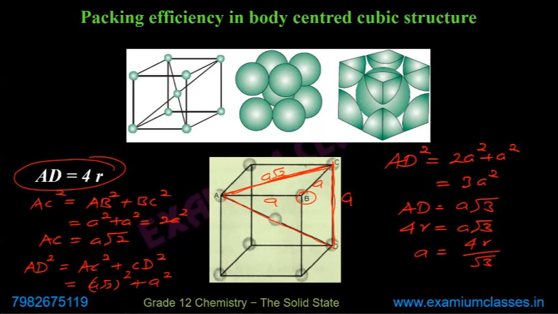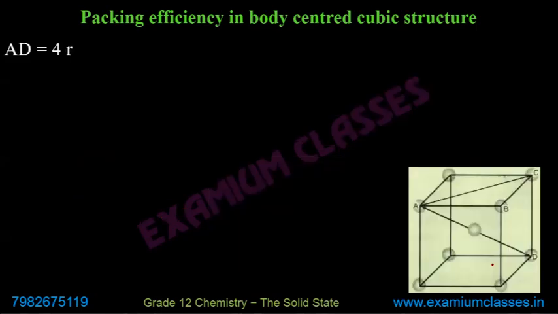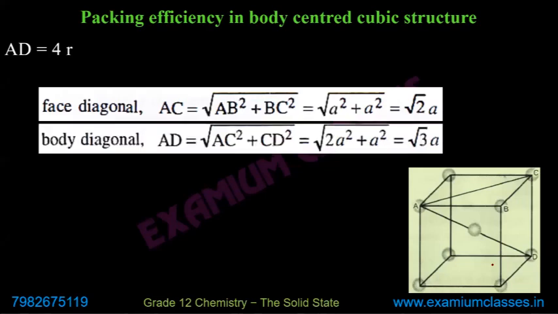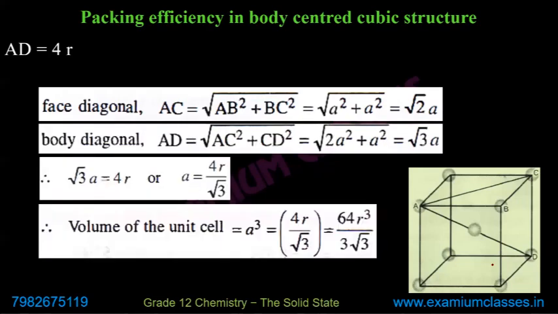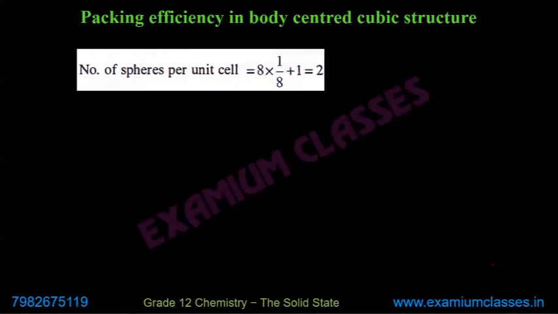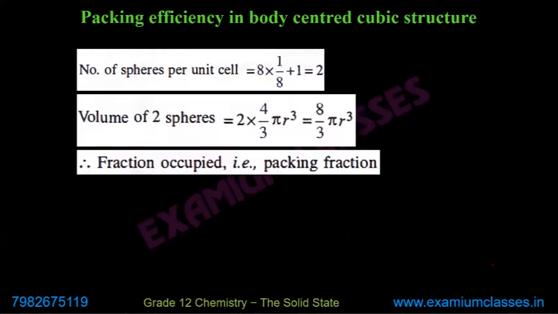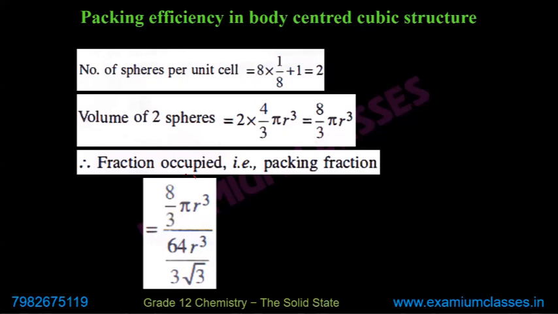So again you got a in terms of R, and apply the same rule. In case of body center, the contribution is 2: one from corner, one from body. 1 plus 1, 2. So if you know that, you can apply it. The packing efficiency will be the volume of two atoms, because effectively in BCC, body centered cubic, you have two atoms.